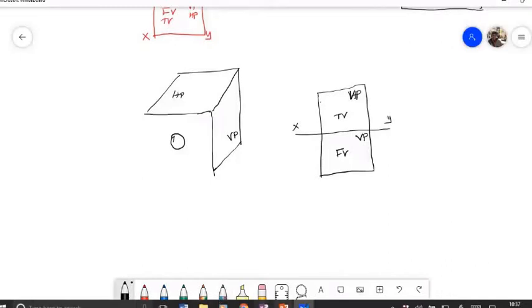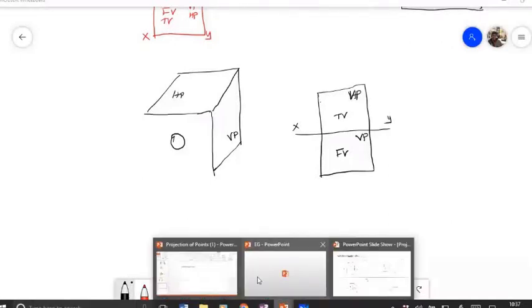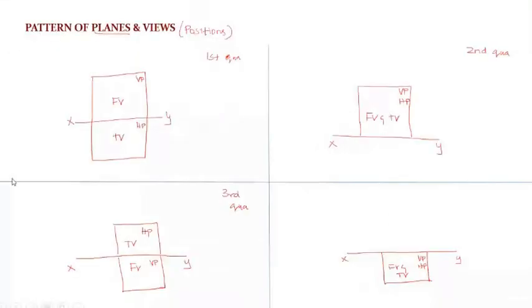Okay. So that's how we got this. Now are you able to visualize this? Yes. Okay. So this will be the pattern of the planes and the position of the views for all quadrants. I hope you are clear on this.